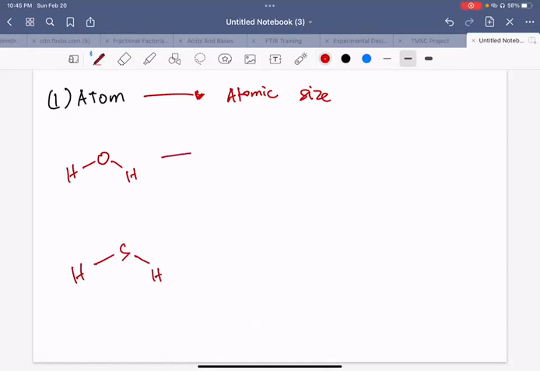Okay, so first things first, we must convert these two into their conjugate base or anion. So this becomes HO minus and this becomes HS minus, bisulfide. So you compare the two atoms that bear the charge. And this should be oxygen versus sulfur.